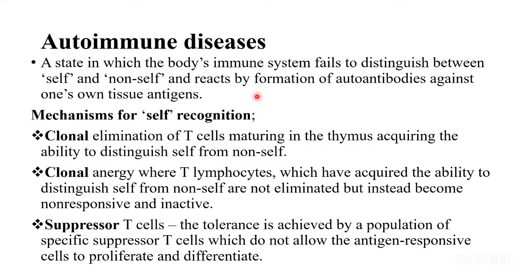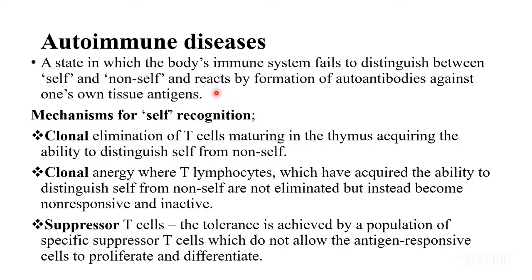Autoimmune would mean that the immune system is acting against these antigens because it is failing to distinguish between self and non-self stimulants. These stimulate the immune system by formation of autoantibodies.